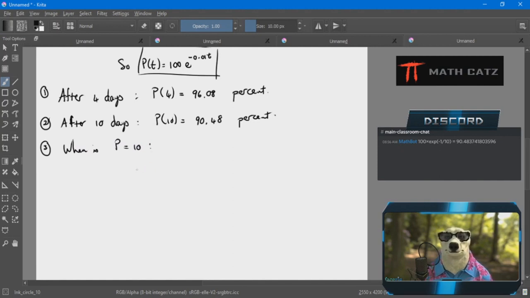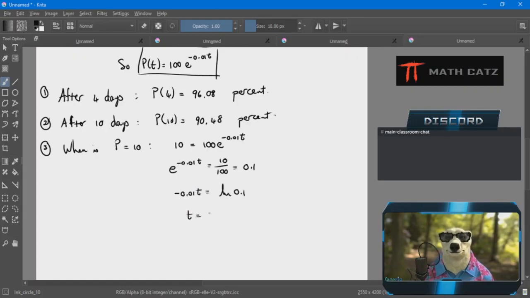Well, that is going to be when I plug in 10 for P and I solve for T. So e to the negative 0.01 T is therefore 10 over 100 or 0.1. So negative 0.01 T is the natural log of 0.1. So T is natural log of 0.1 over negative 0.01.